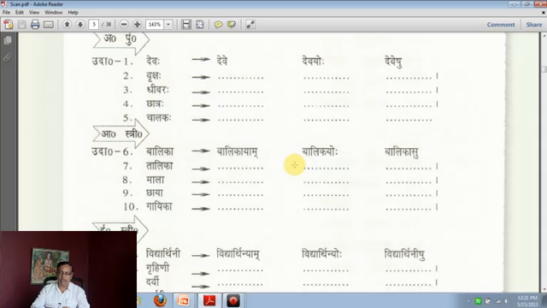So Balikayam, Balikayoho, Dvivachana, Balikayoho. Here the Balika shabda becomes hrasva, short. Balikayoho, in two girls. Yoho is the same suffix. Yoho comes commonly to all shabdas in Dvivachana.